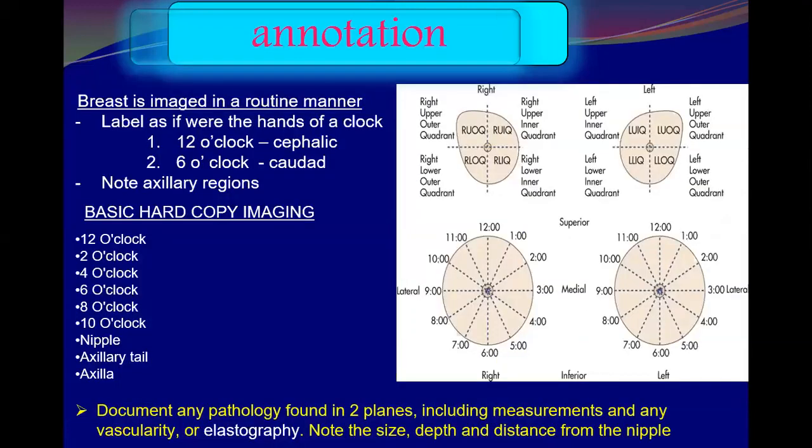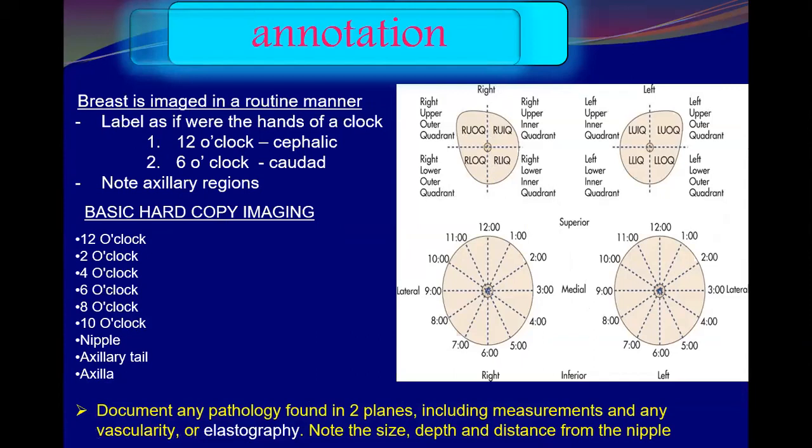The breast image in routine manner is labeled as if the hands of a clock. Usually, 12 o'clock is cephalad and 6 o'clock is caudad. You know that, when you look at the breast.